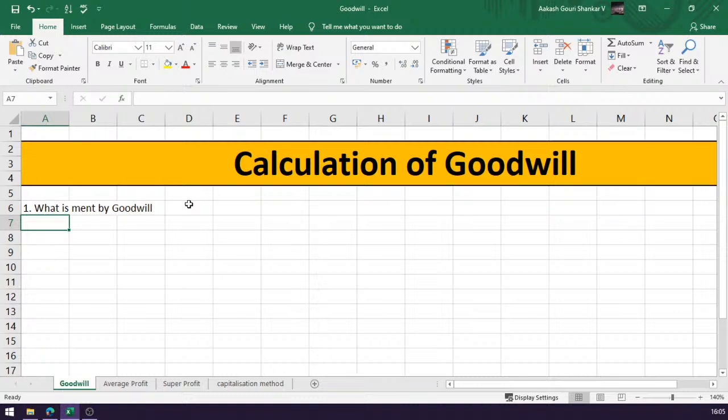Different firms may be calculating goodwill based on different methods available. There are approximately 7 methods in which we can calculate the value of goodwill. But at present, we are going to discuss three important methods: the average profit method, the super profit method, and the capitalized value of goodwill.